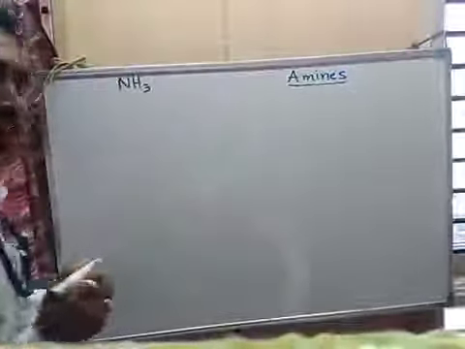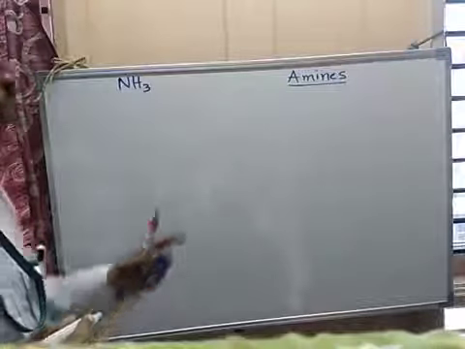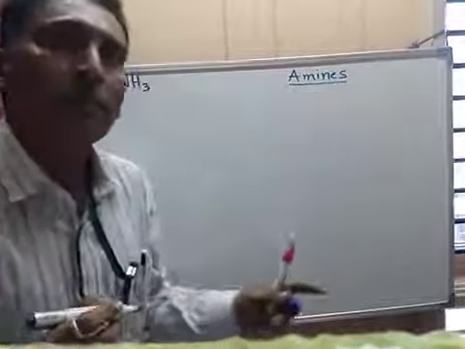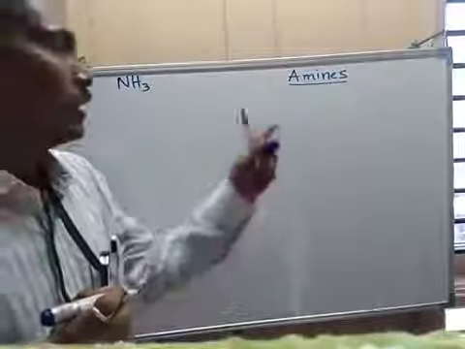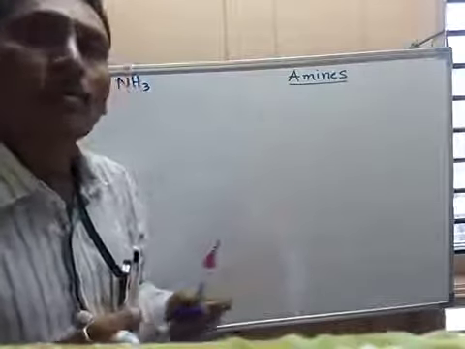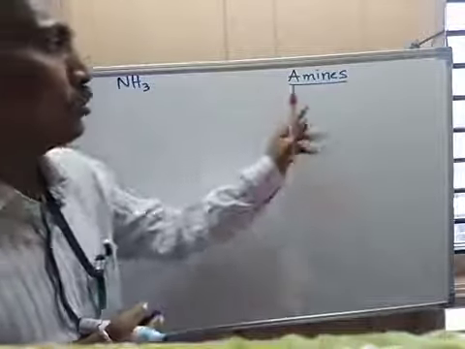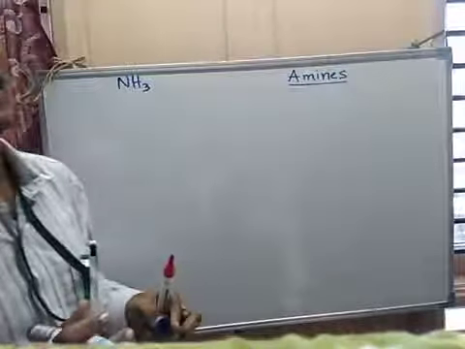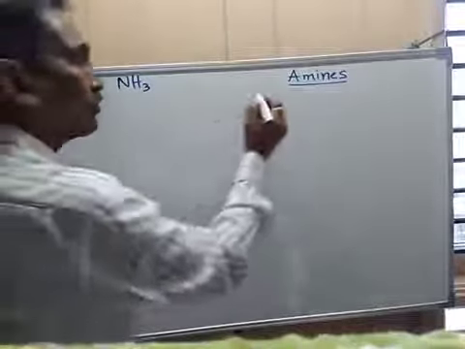How are they resulted? Organic compounds are derived from substituting one or more hydrogens in ammonia by alkyl or aryl groups.